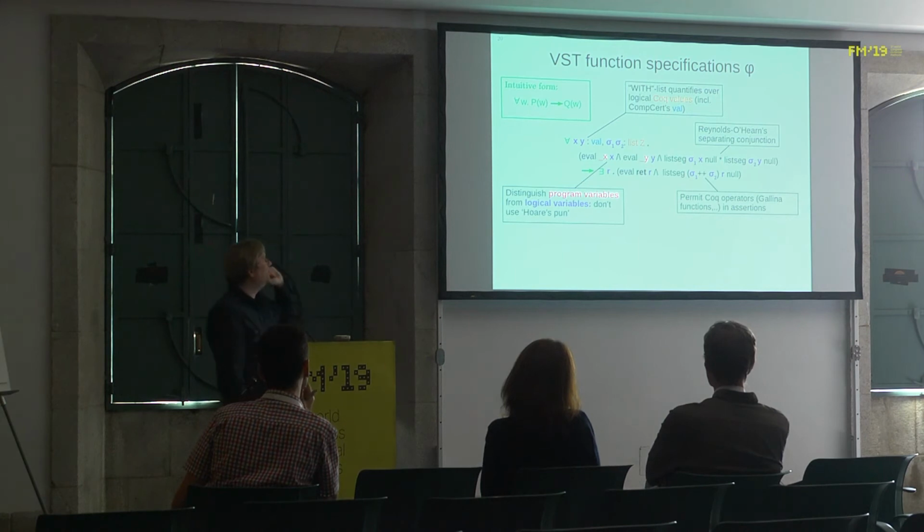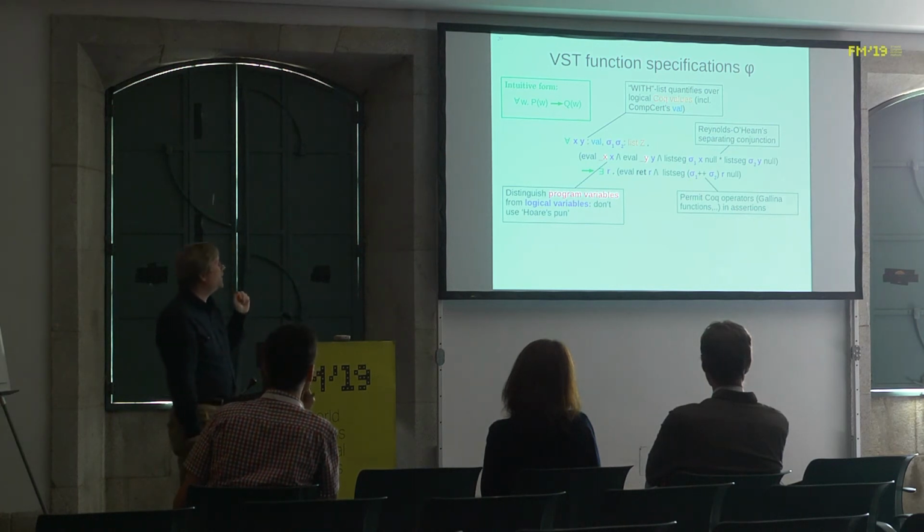So the latter part in the precondition then is one of these typical representation predicates that was introduced by John Reynolds and Peter O'Hearn popularized. So describing, for example, that the pointer value x represents a mathematical list of integers sigma 1, and similarly the pointer y holds a list of integers sigma 2, and then this is a specification for the append program.